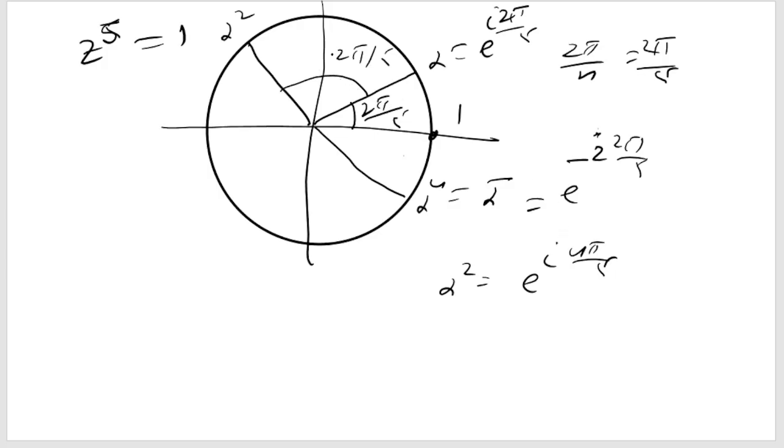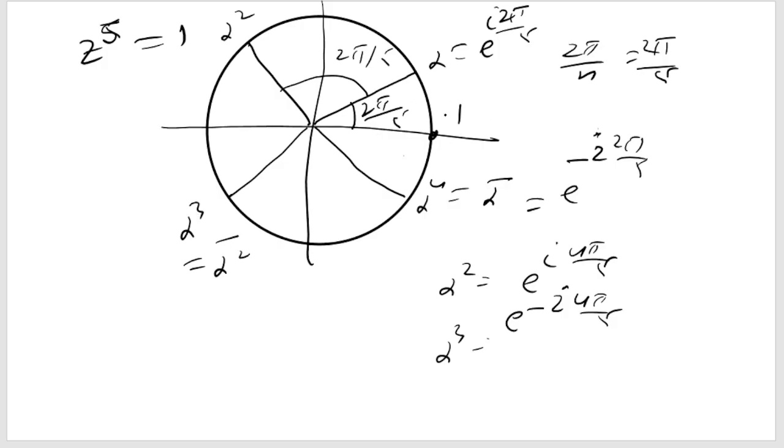So this root is here, and where is the next root? The conjugate pair. This is alpha 3, which is nothing but alpha 2 bar. So the alpha 3 value, we can directly say, is e to the power minus i 4 pi by 5.